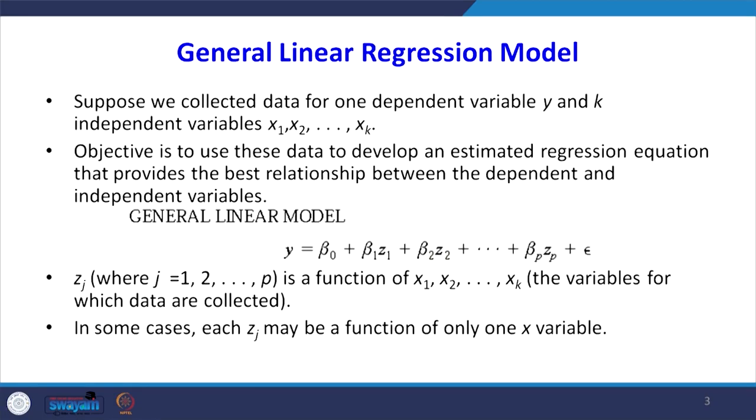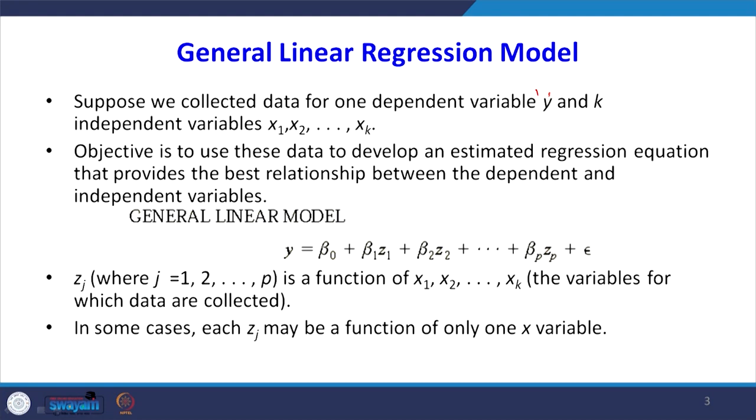General linear regression model. Suppose we collected data for one dependent variable y and k independent variables. The independent variables are x1, x2 and so on up to xk. The objective is to use these data to develop an estimated regression equation that provides the best relationship between the dependent and independent variables. So, the general form of the linear regression model is y equals beta 0 plus beta 1 z1 plus beta 2 z2 plus and so on plus beta p zp plus an error term.